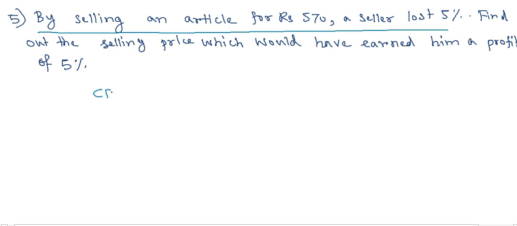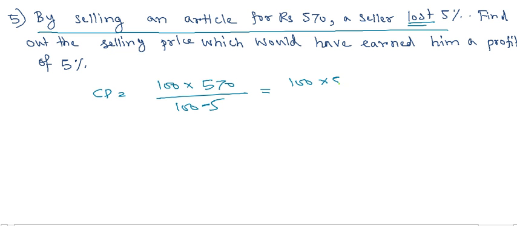Again we will use the same formula, that is 100 multiplied by 570, the selling price, and 100 minus 5%, the loss percent. Be careful not to add this but subtract it, since it is loss.